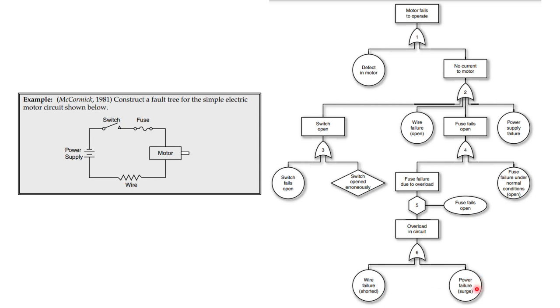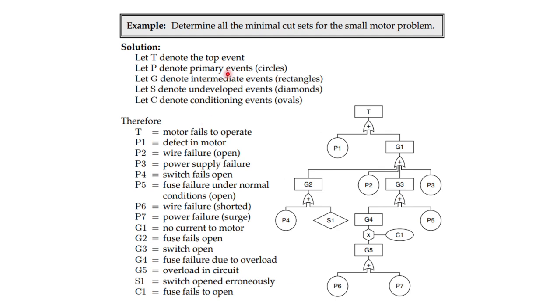So this is the entire fault tree analysis for the motor fails to operate problem. Now we're going to dive deeper by determining all the minimal cut sets for the small motor problem.